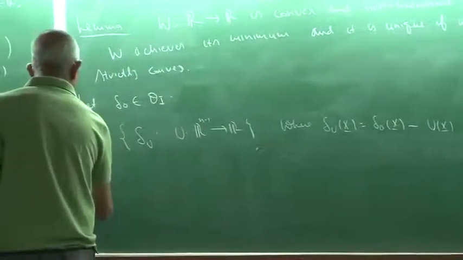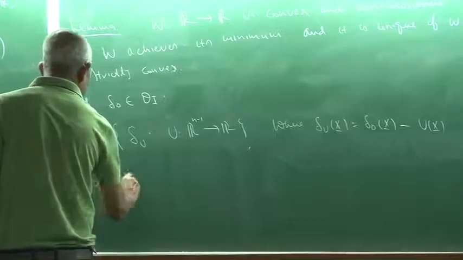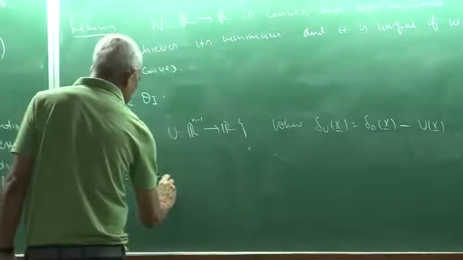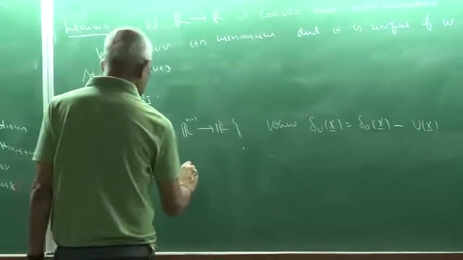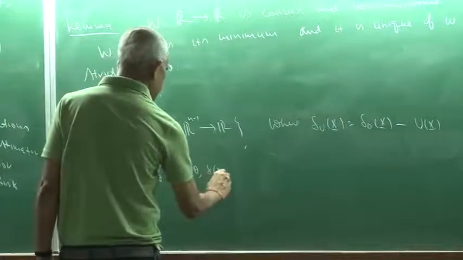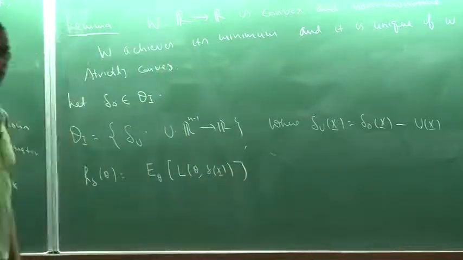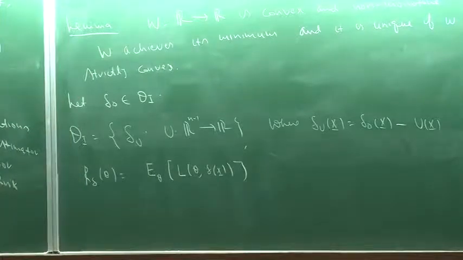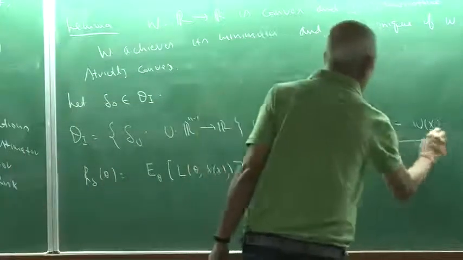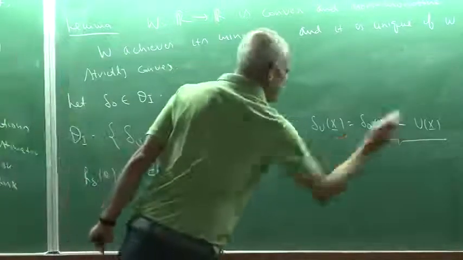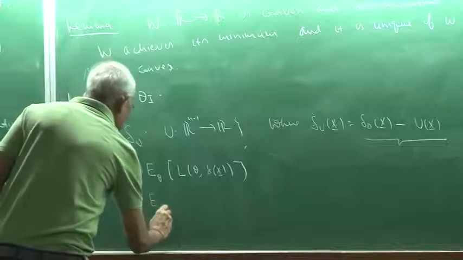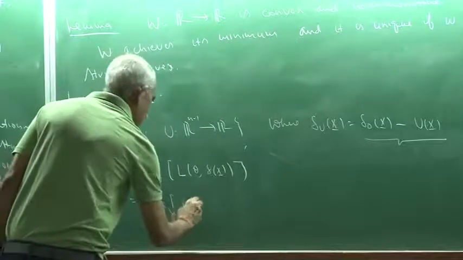What I know is the risk R of delta at theta, which is the expected value when x has parameter theta of L theta of delta x. That is what the risk of any invariant estimator is. Any invariant estimator can be written as delta naught of x minus u, where delta naught is fixed by us and u is varying. So if you vary delta, only this u varies.